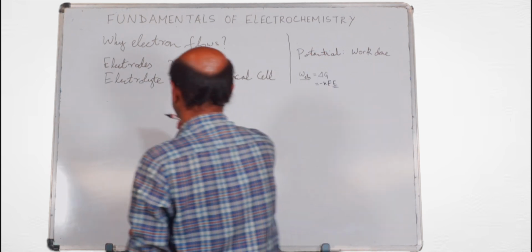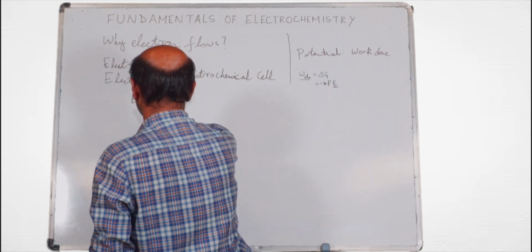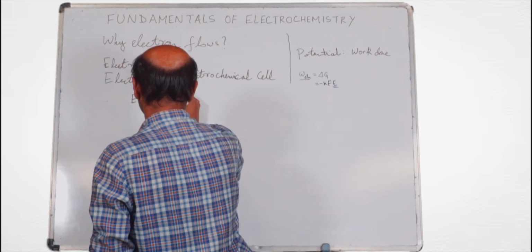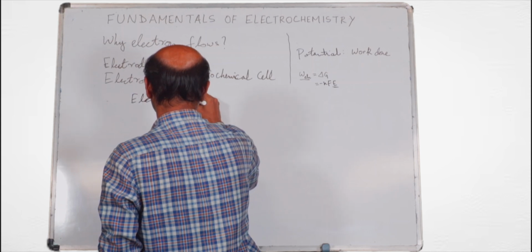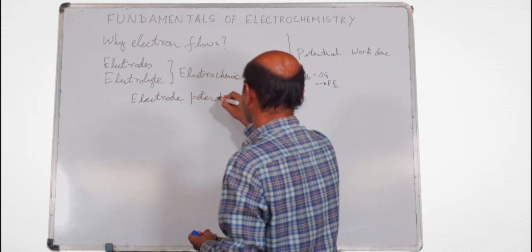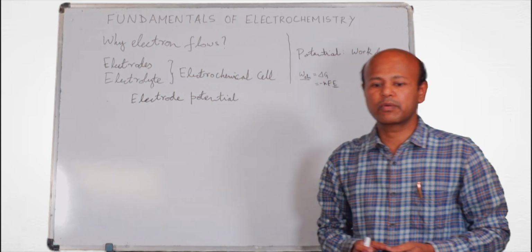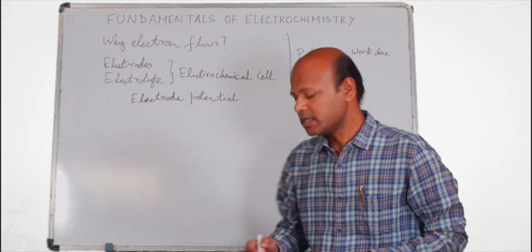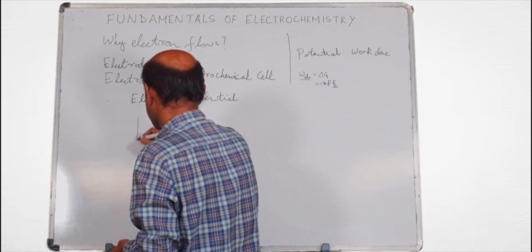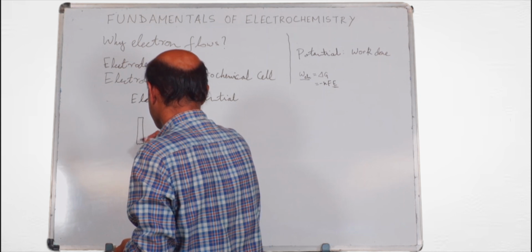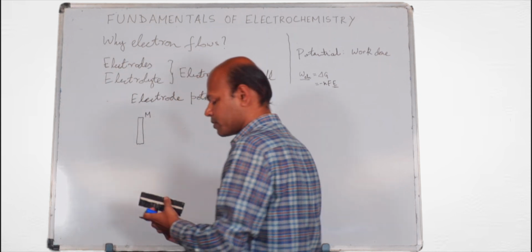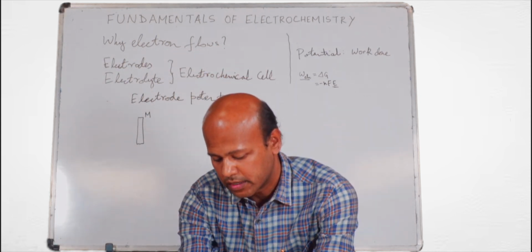So electrode potential. What is this term? We are more interested in potential, because of potential we are getting this electron flow. So what is electrode potential? Electrode potential is the tendency... If you take an electrode, that is a metal, I write it as M, and you keep it in contact with the electrolyte.